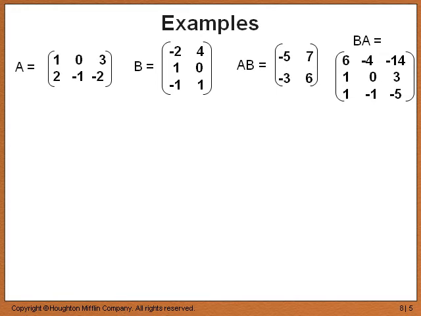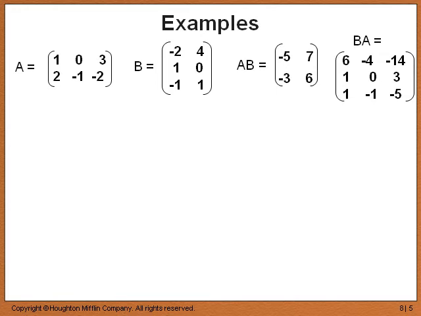Now, one thing you can do is check these on your calculator. You should have already found out how to use your graphing calculators to perform Gauss-Jordan elimination on a matrix. Well, you can also use your calculators to perform simple matrix multiplication.